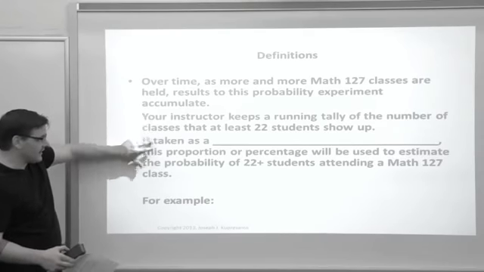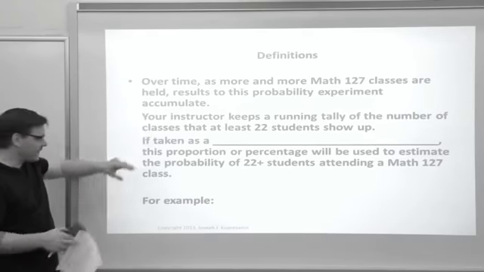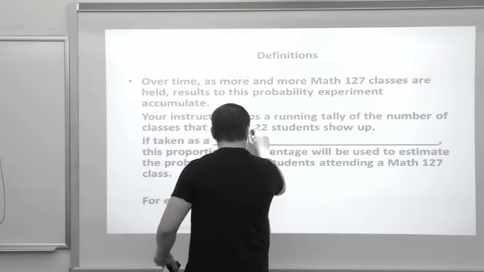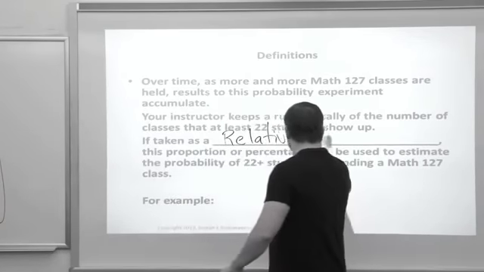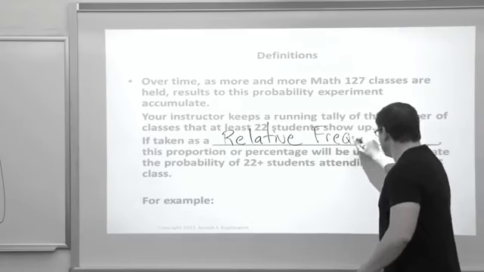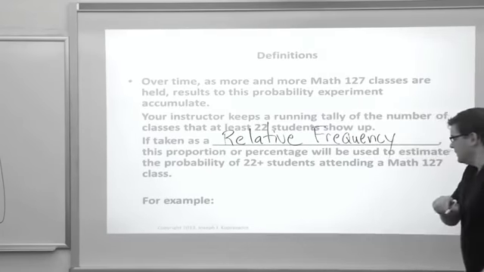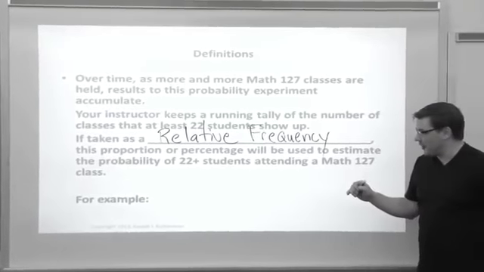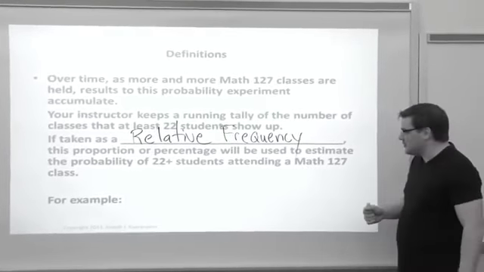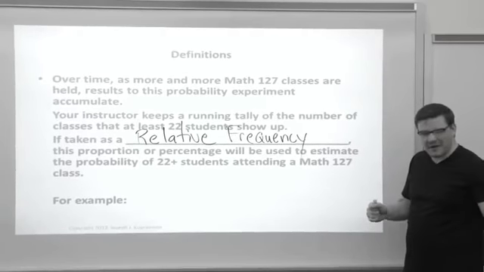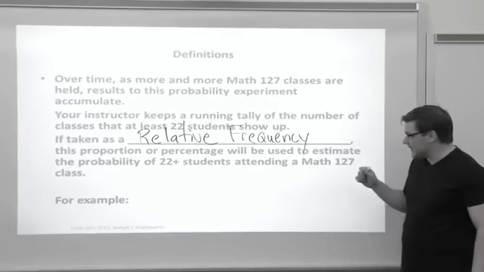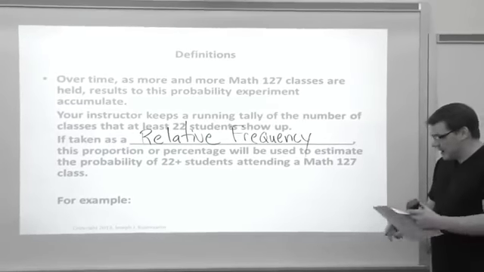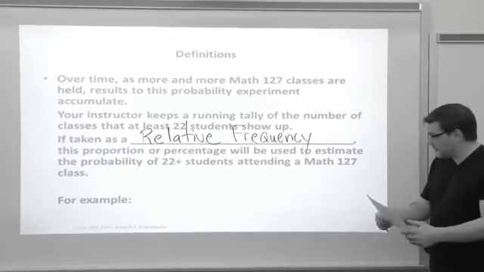We take the data and basically tally it up, and that's our estimate. By the way, we've worked with proportions and percentages before, so this is actually nothing new at this point. We're just calling it probability. If taken as a relative frequency, we can use that to estimate the probability of 22 plus students.